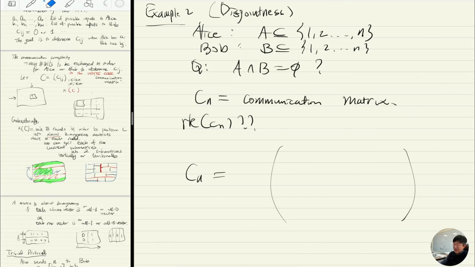Here are the inputs for Alice and inputs for Bob.